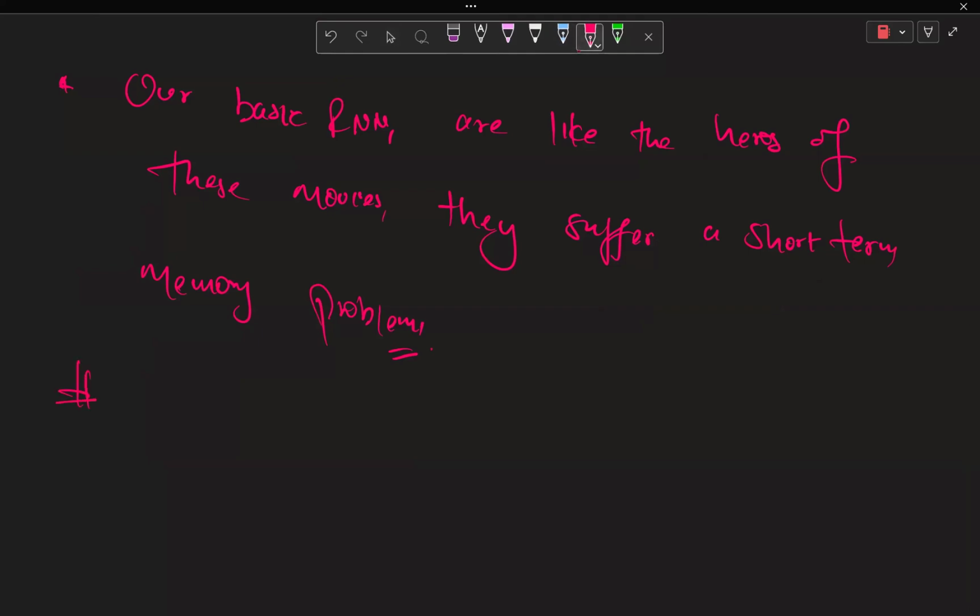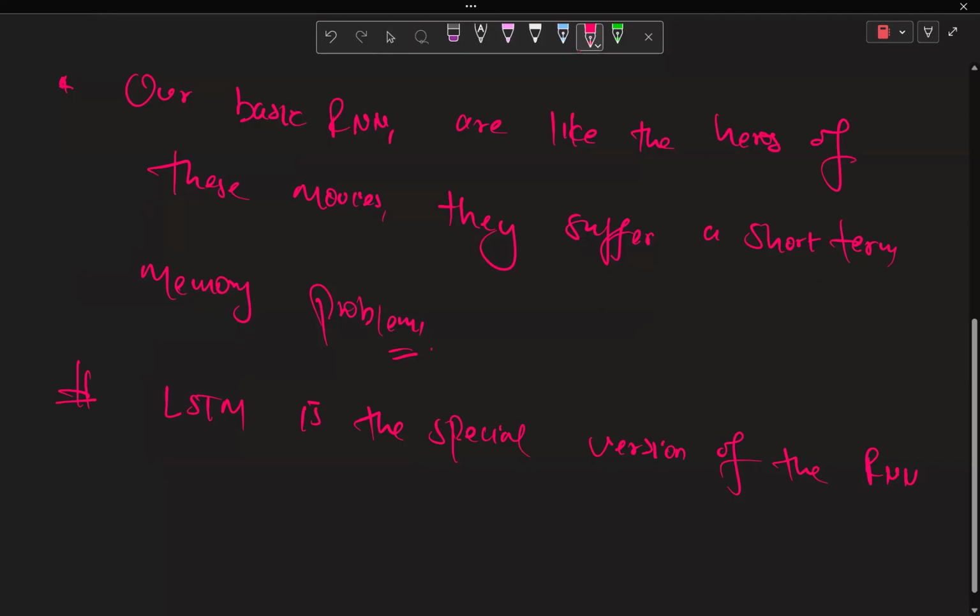So LSTM is the special version of the RNN which solves the short term memory problem.